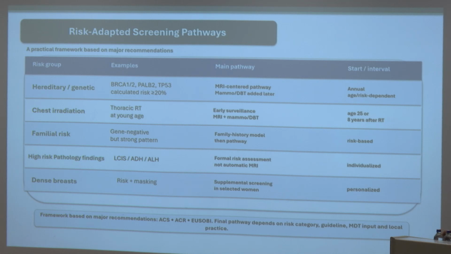I have to say about dense breast that even in population screening, most of the countries, with the categories D and C, have supplementary, complementary, in addition, ultrasound and multiparametric. So the framework is based on recommendations, and the final pathway depends on risk category, guidelines, MDT, and local practice.